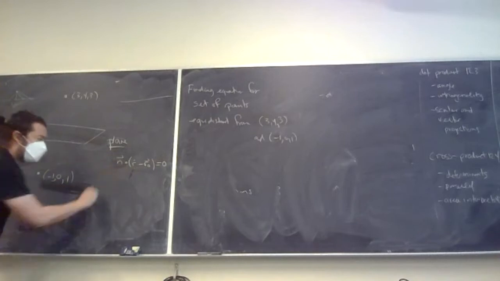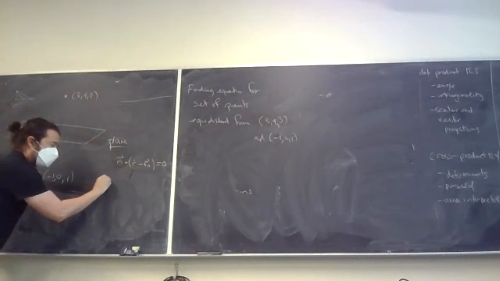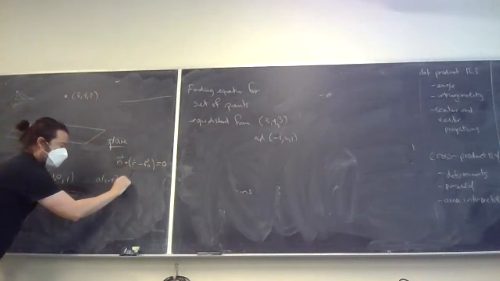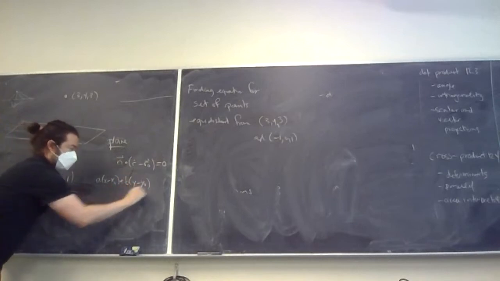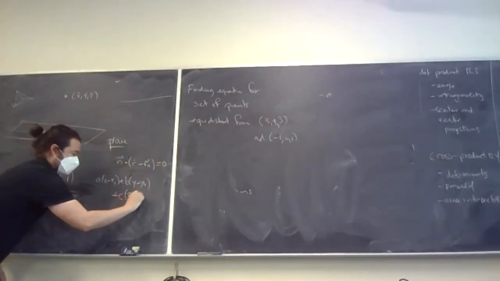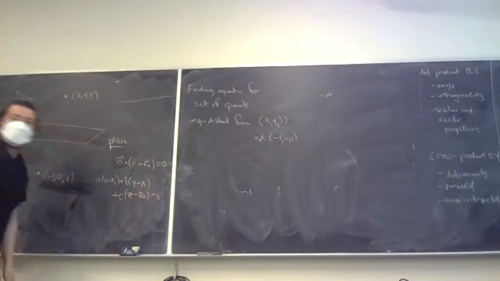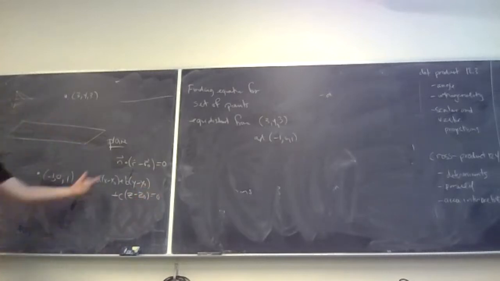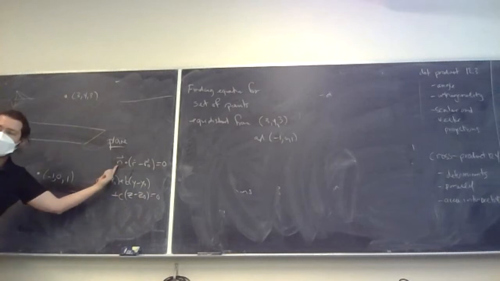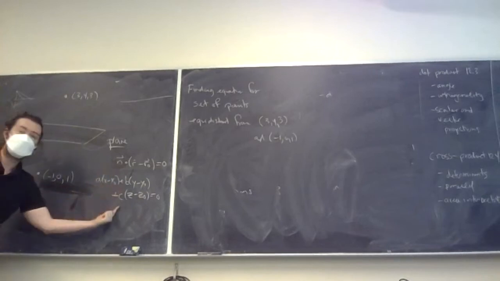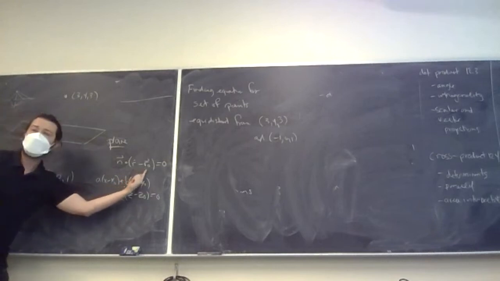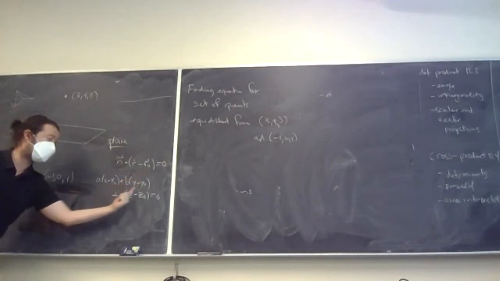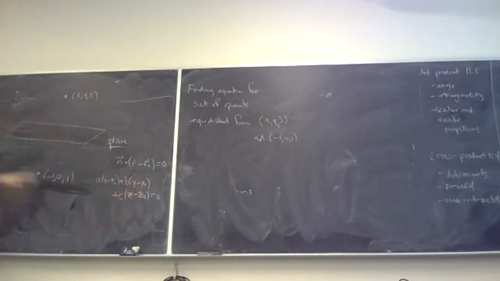If you don't like this form, you can think of it like this. In either case, I have two pieces of information I need. I must have the normal vector to the plane, which is the A, B, C, and I must have a point that's on the plane, which is the r naught, the x naught, y naught, and z naught. If I want to write the equation of the plane down, I must have the normal vector and any point that's on the plane.